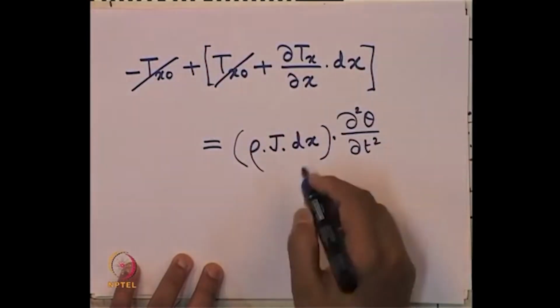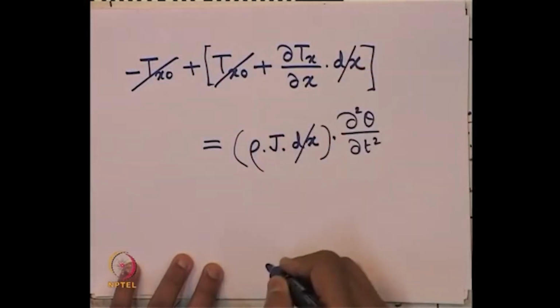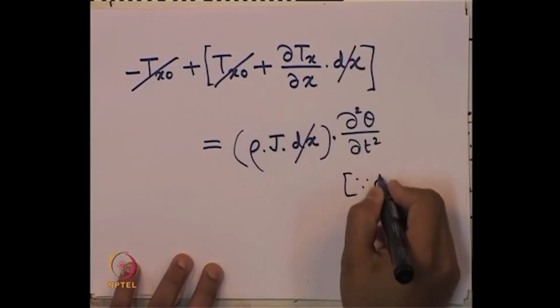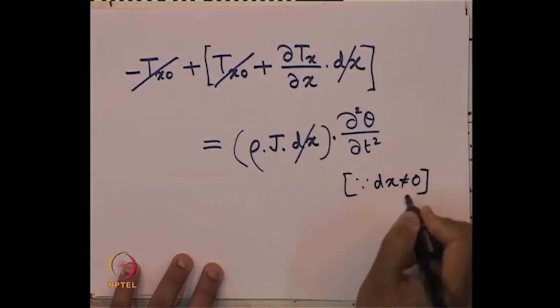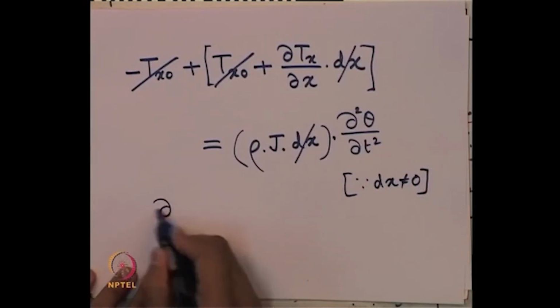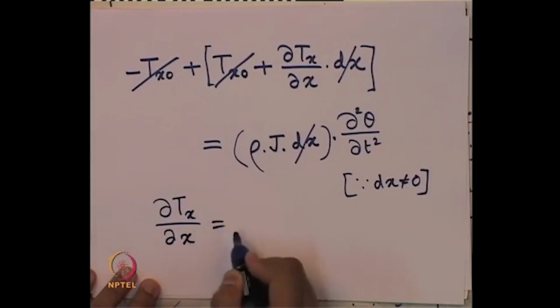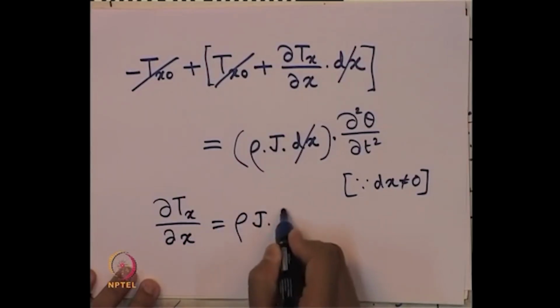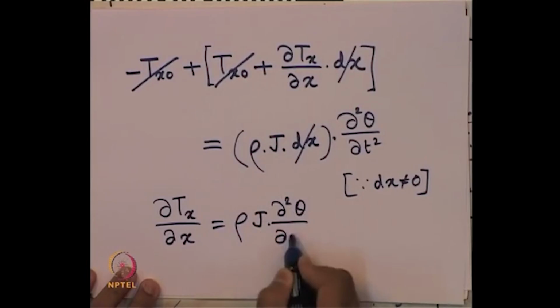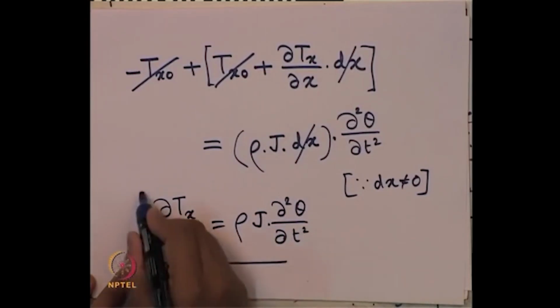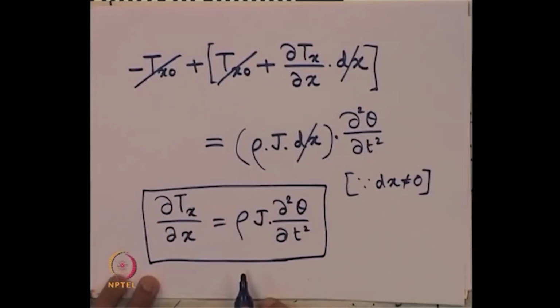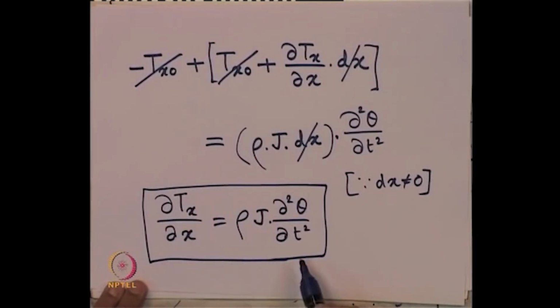This goes out, and again I can cancel this with this, because this dx is non-zero. So, what further I can simplify and write is del Tx del x equals rho J del 2 theta del t square. That is the relationship between torque and rotational acceleration, or I will say the relationship between torque and rotational displacement.